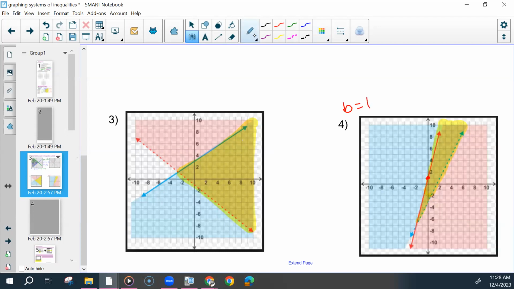And then we need to find a point that crosses the grid lines exactly. Someone tell me that ordered pair. Where do you see another point on that line? Not 3, but 5. So my slope here, I'm going up 1, 2, 3, 4 to the right 1.